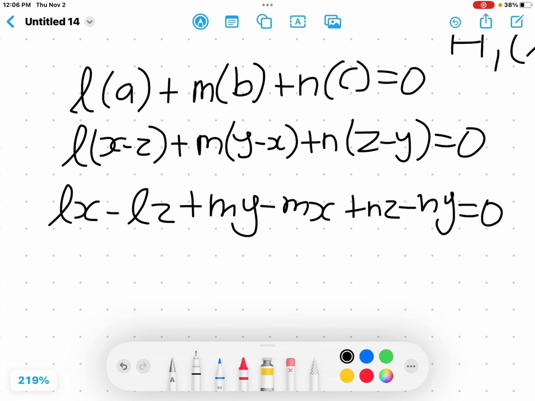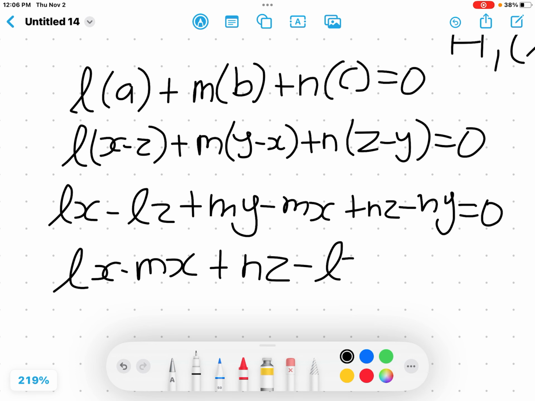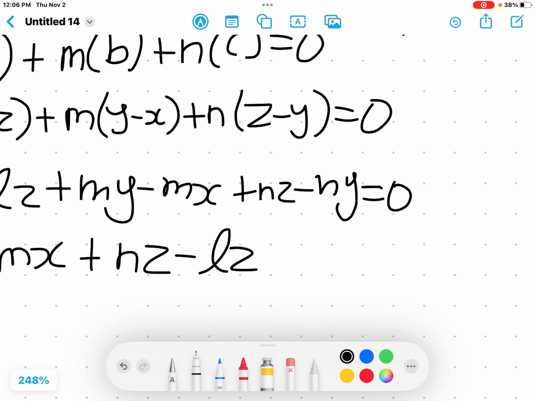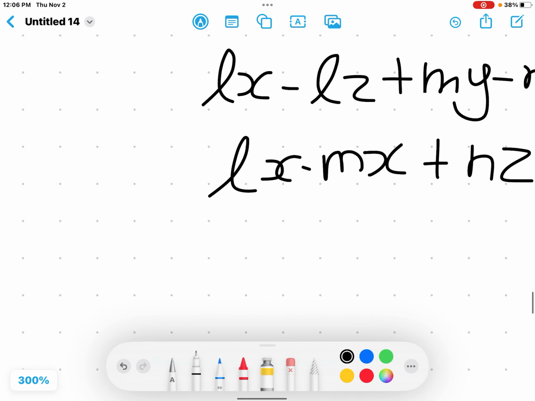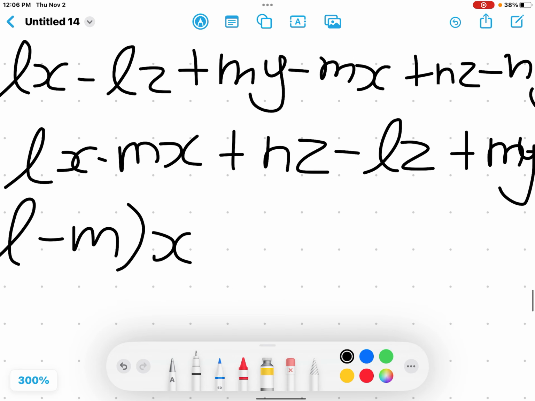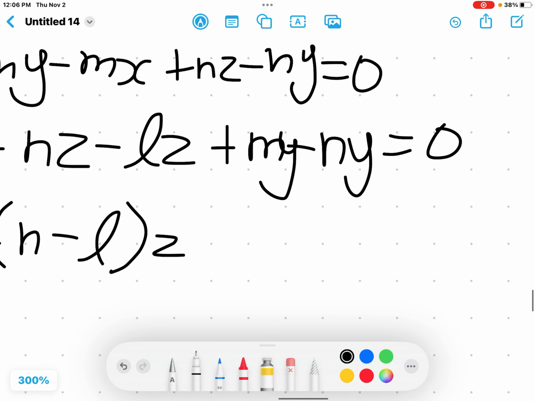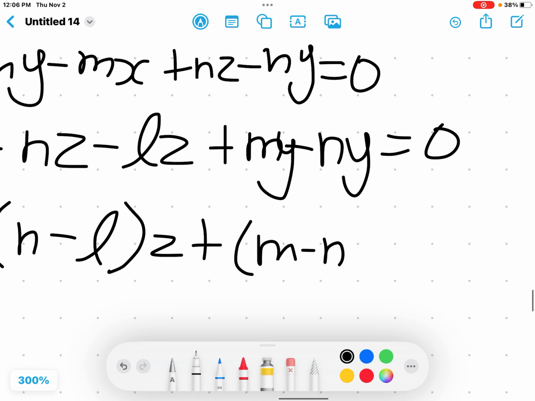So lx minus mx, nz minus lz, and then my minus ny. And then we can separate out each of these guys, factor out each: l minus m times x plus n minus l times z plus m minus n times y.